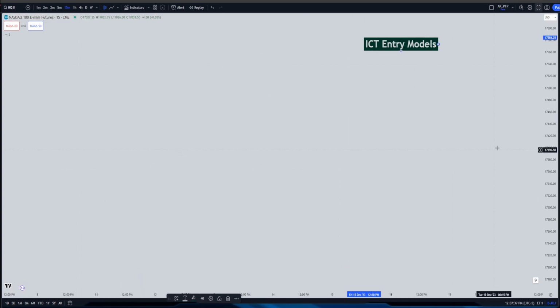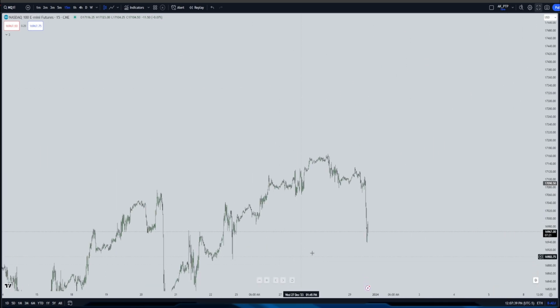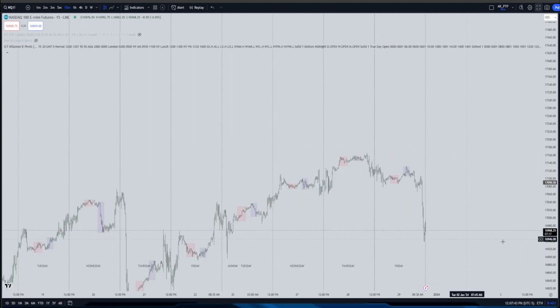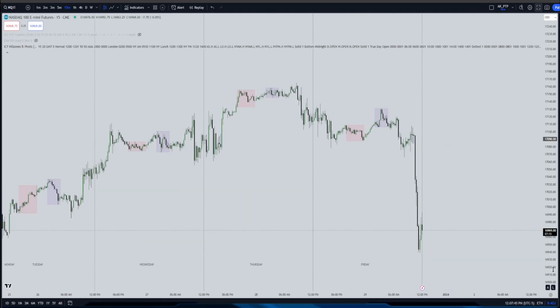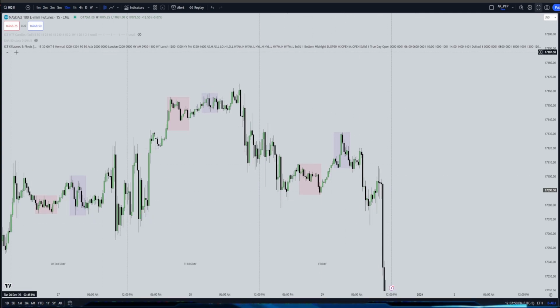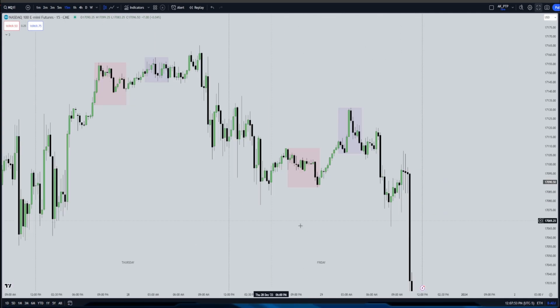I had the chart hidden, but since I saw everything, I'm going to give you a simple example that you can utilize. What happened today during the silver bullet? I didn't trade. As I said, I'm not going to trade until January 3rd, or even the first week after, like the first week of January is gone. I'm not going to enter a trade.